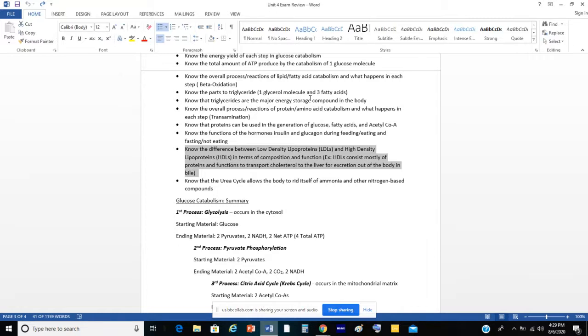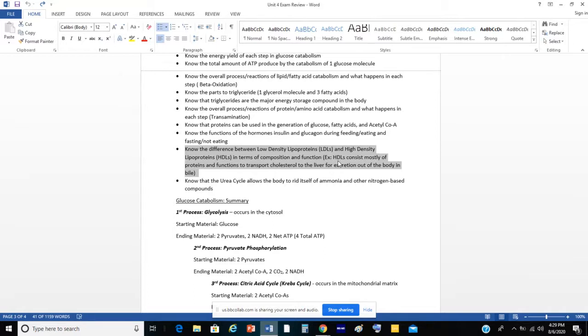Turns out you want very low LDL levels and you want high HDL levels because of what they help do, mainly HDLs. HDLs, the name tells you, high density lipoproteins, meaning they are made up mainly of protein with a little fat. They have a high density of protein.